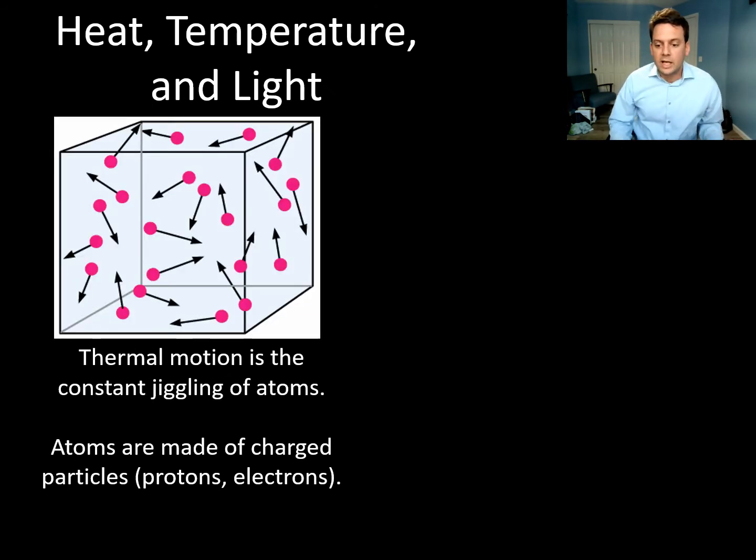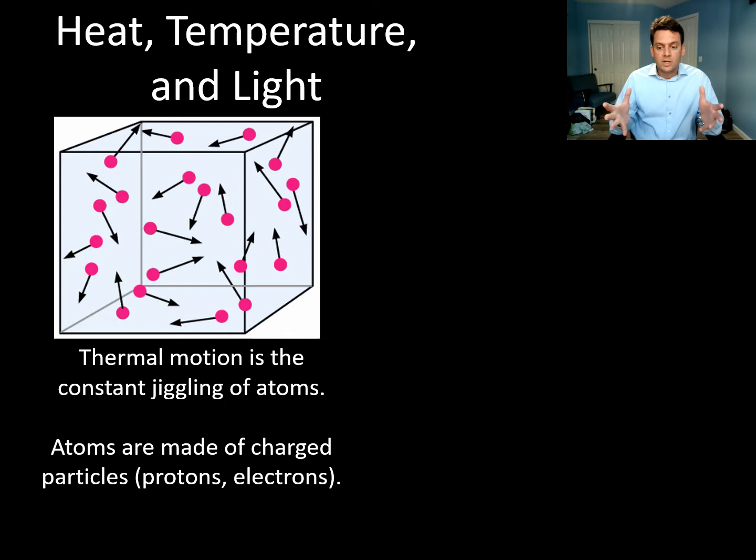So I mentioned a few slides ago that thermal motion is just the random motion of particles, whether atoms, nuclei, electrons, molecules, whatever makes up the system that you're describing. As long as you're not at absolute zero, which is all the time, things are going to be constantly jiggling around. If they're in a solid, they'll be kind of locked in place, but jiggling around some average position. If they're in a liquid, they'll be jiggling around while they slide past one another and flow.